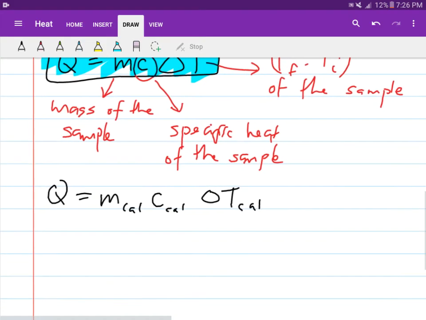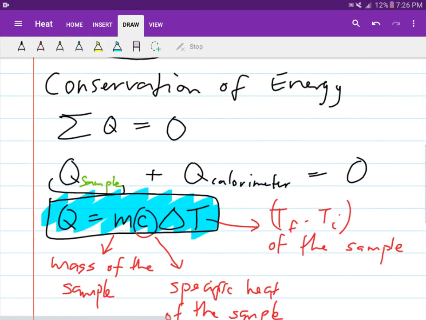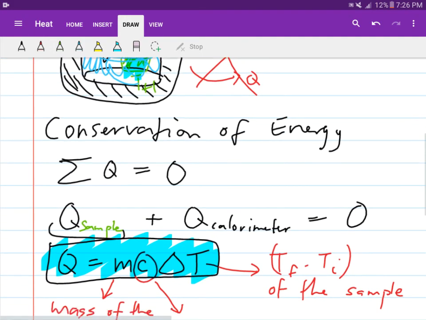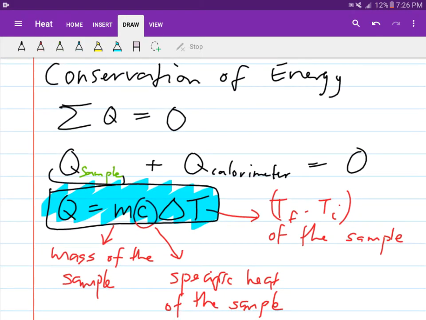And if our calorimeter has some fluid in it, for example, it has water in it, you will need to add another heat term to our conservation of energy equation.